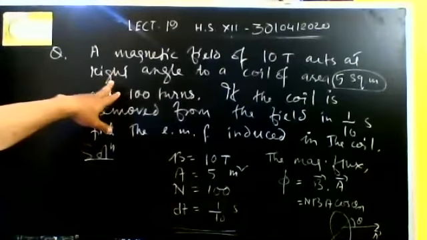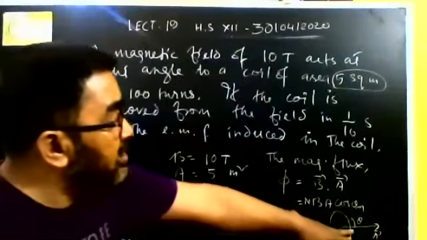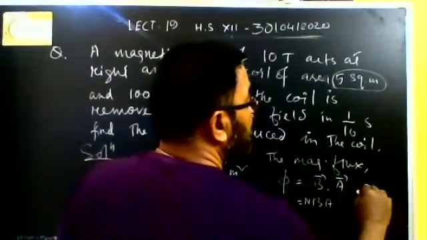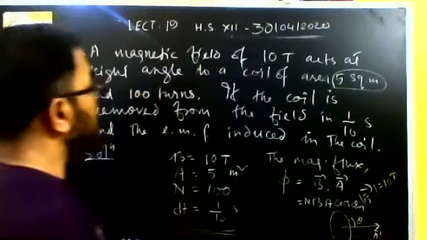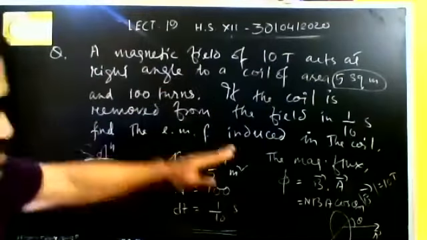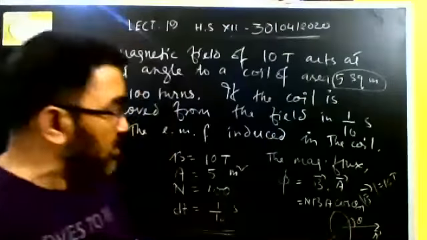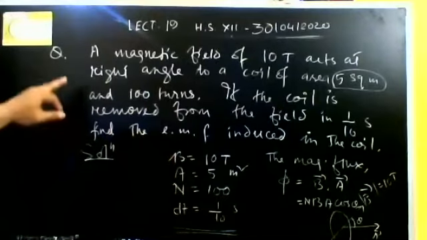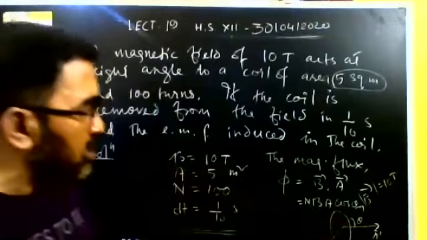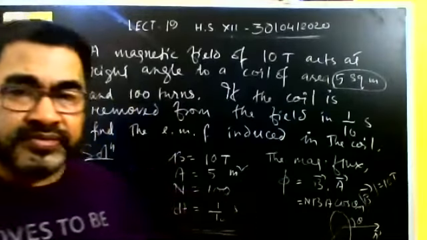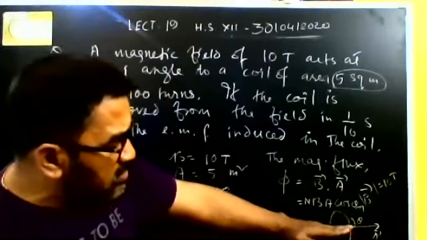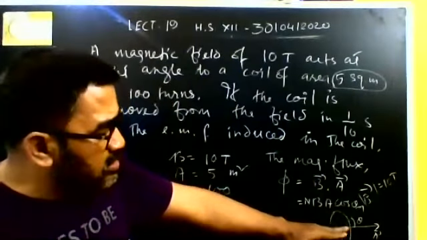According to the question, the magnetic field has value 10 Tesla, but it acts at right angle to the coil, so the theta will be 0.